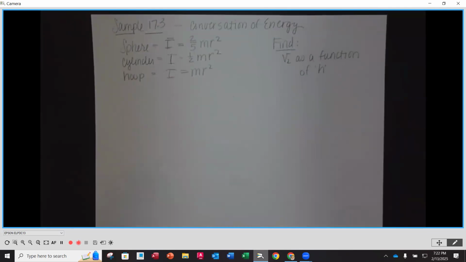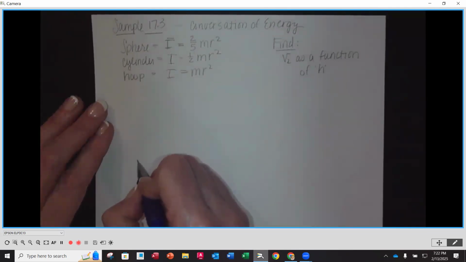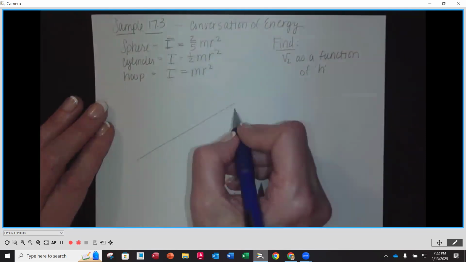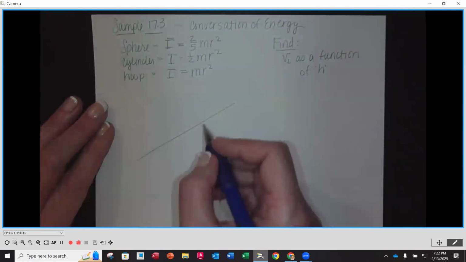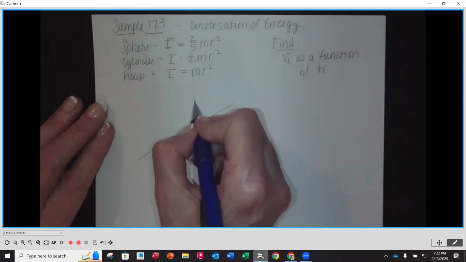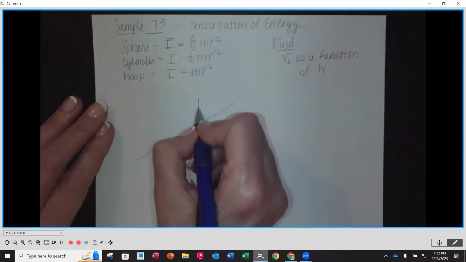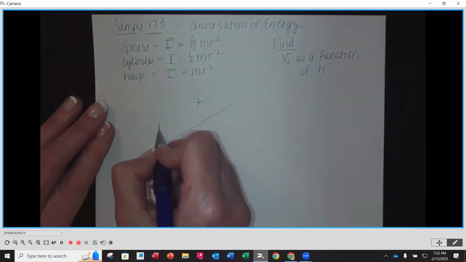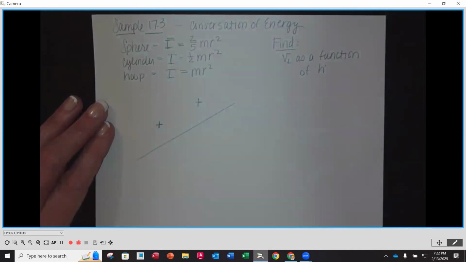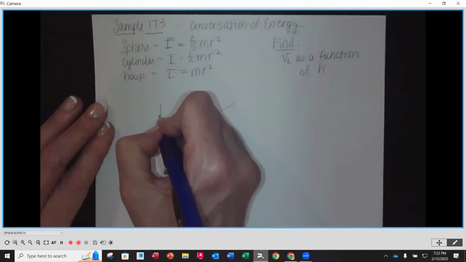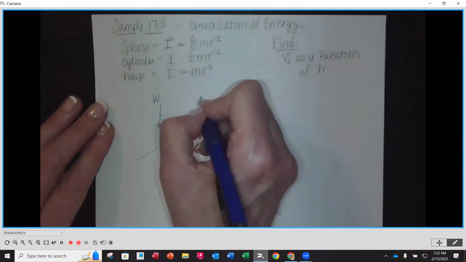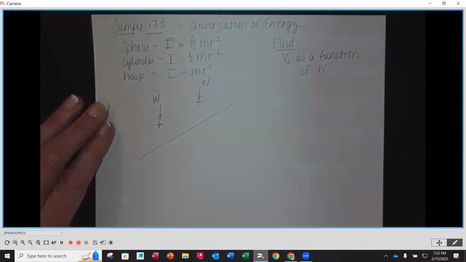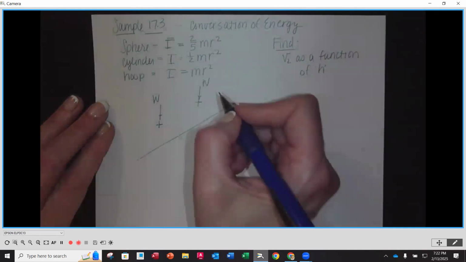Now, illustration-wise, I'm going to draw an incline. I'm not going to draw the circles because I know I'm not going to get tangencies. And I know my incline is probably a little bit exaggerated, but I'm going to show the first center of position 1, the higher position, and then the center of position 2. Through each one of those centers, we're going to have the weight of each one of those objects. And we know the mass is going to be the same.